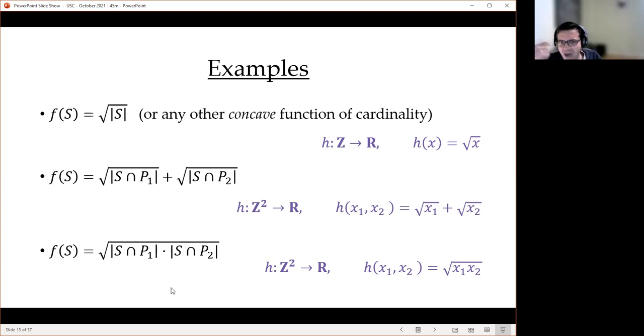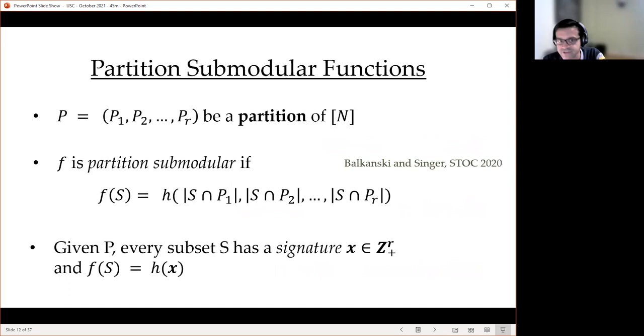So in some sense, this r, the number of parts of a partition function, is a measure of the simplicity of the function. At the extreme, where the partition is the trivial partition of singletons, any submodular function is a partition submodular function. But as the number of parts becomes smaller and smaller, the submodular functions in some sense become simpler and simpler. Okay, so this is the definition of a partition submodular function.